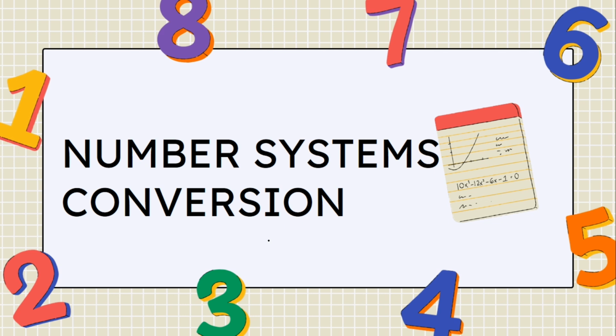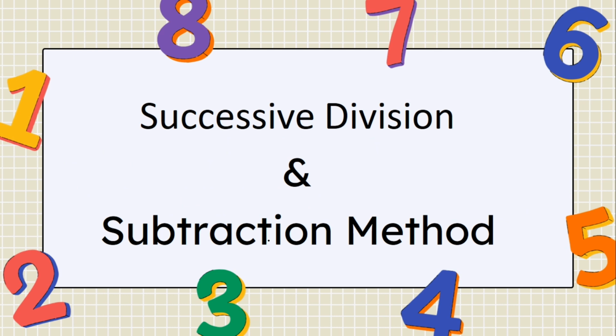There are two methods in conversion: the successive division and the subtraction method. Only the binary can work with the subtraction method. Like the decimal convert to binary.